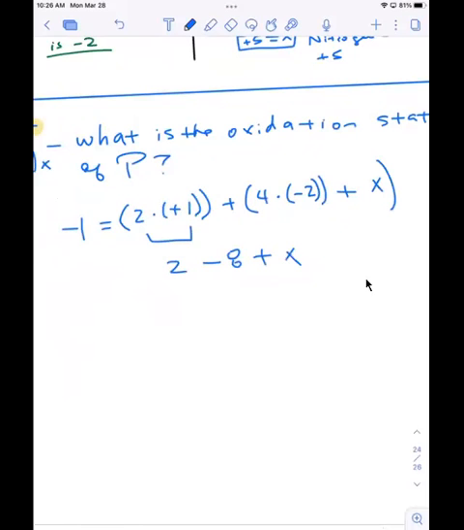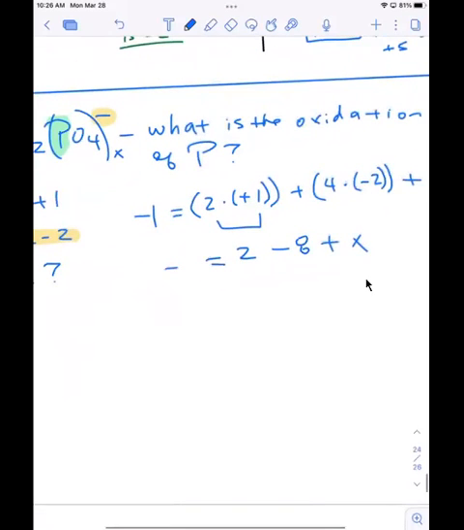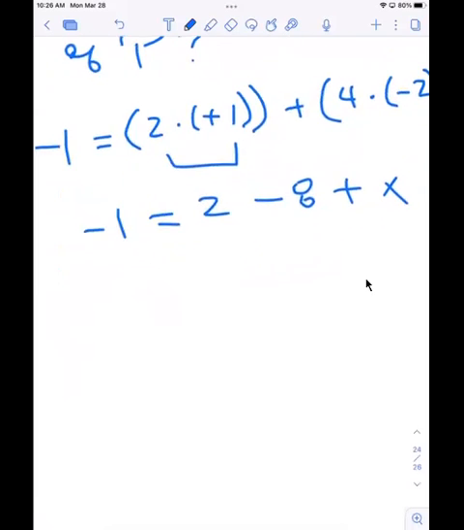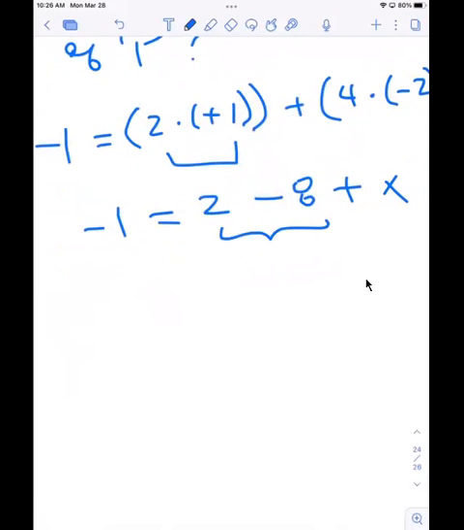Plus X. Is that right? Equals -1. All right, so we'll do this little math. So that's -6 plus X equals -1. And we just solve this. Plus 6 is X. So +5 equals X.